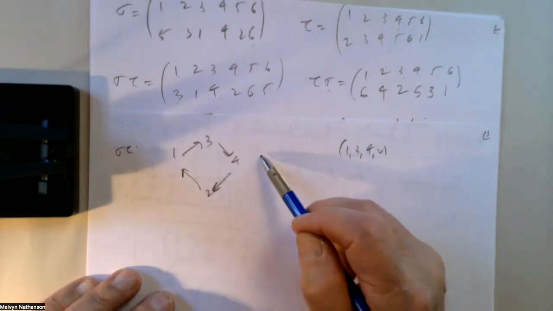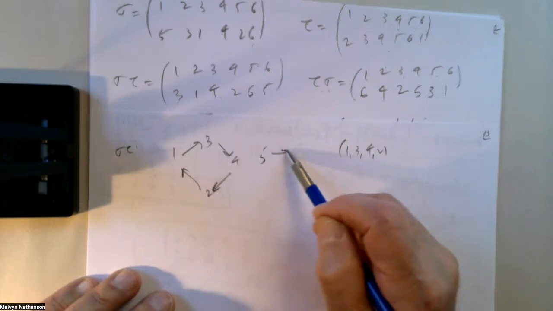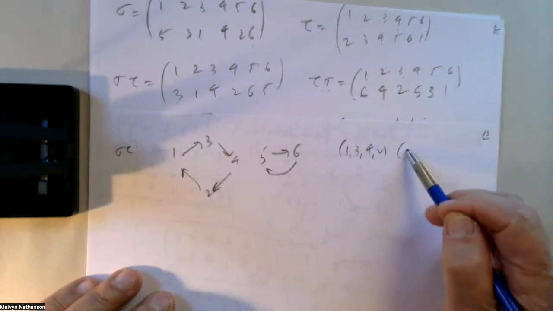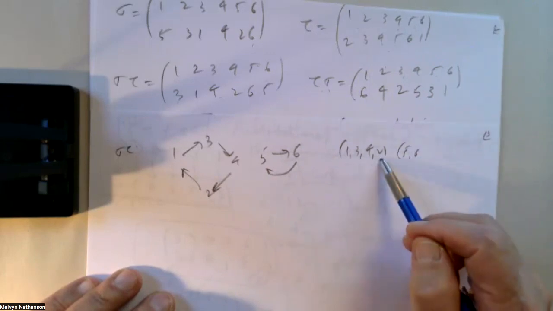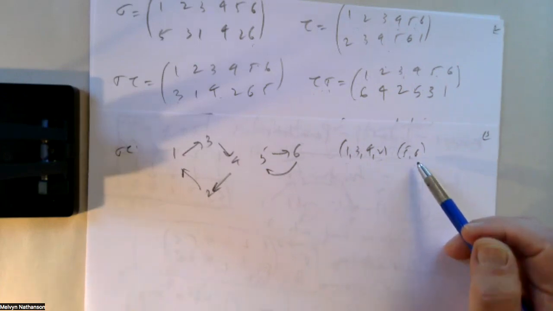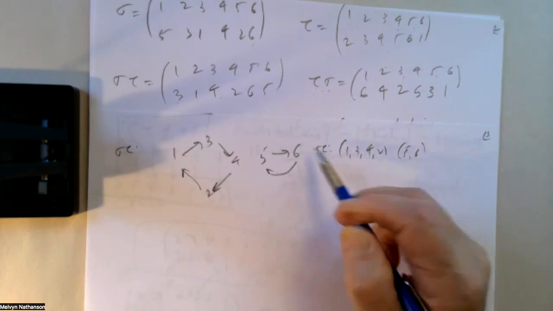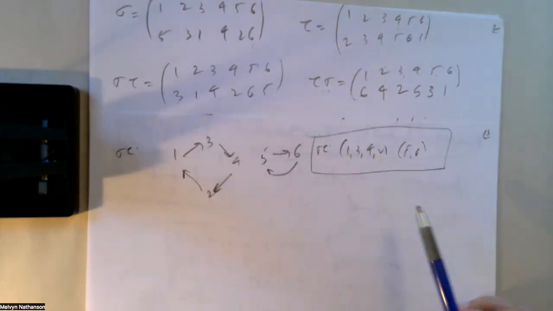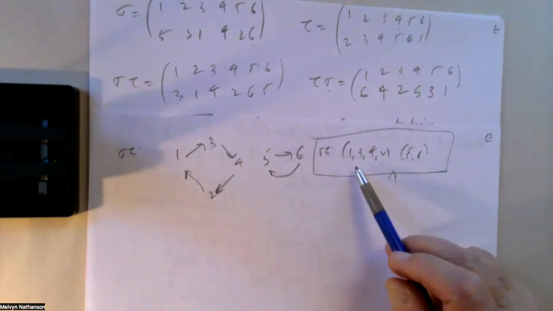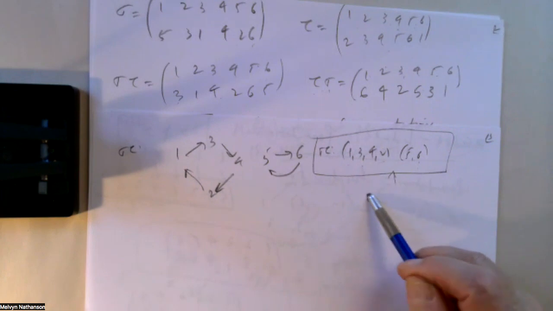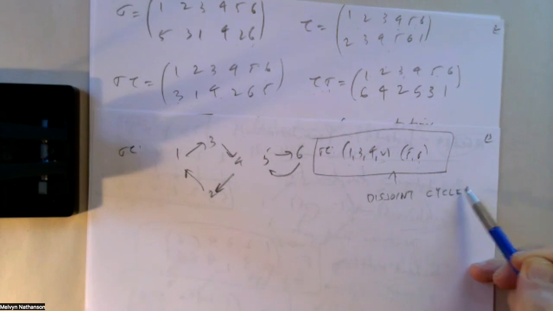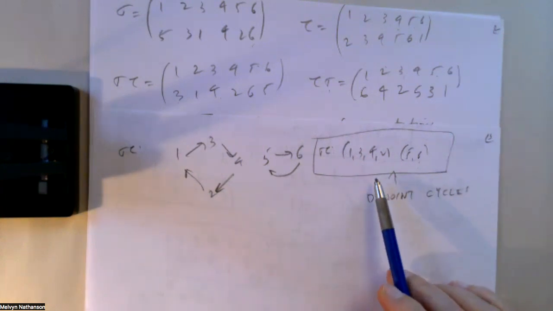What about 5 and 6? 5 goes to 6, and 6 goes back to 5. So we have another cycle. This cycle has 4 numbers in it, or has length 4. This cycle has 2 numbers in it, or length 2. So we could say that sigma tau in cyclic notation involves these 2 cycles. And notice the numbers here are different from the numbers here. So these are called disjoint cycles. 2 cycles are disjoint if they involve different numbers.